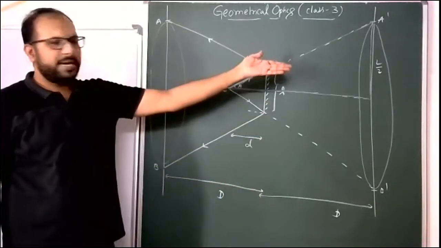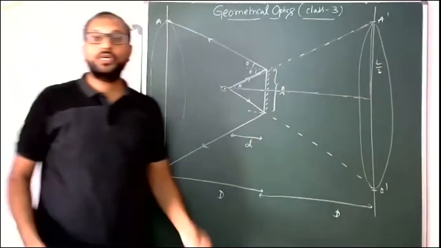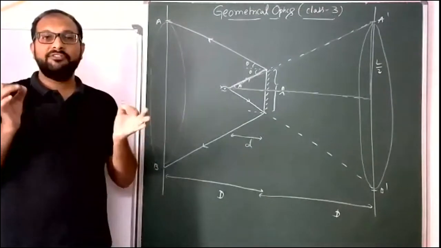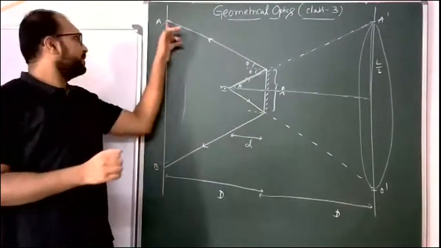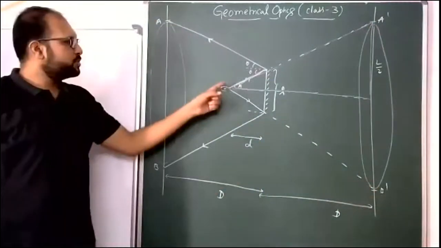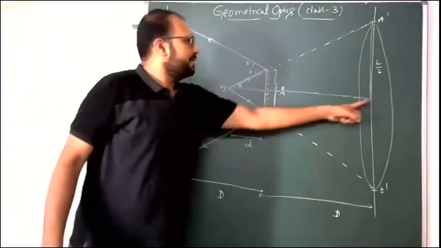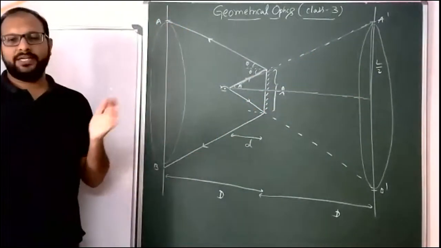So capital L by 2 you can find out. L by 2 and again L by 2, total L is the field of vision. That distance, here to here capital L, here to here capital L, by using the right angle triangle, one is here, another is here. By using that we can find it out.